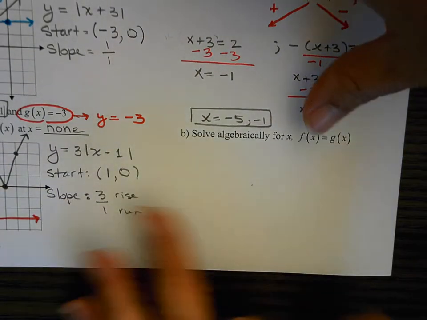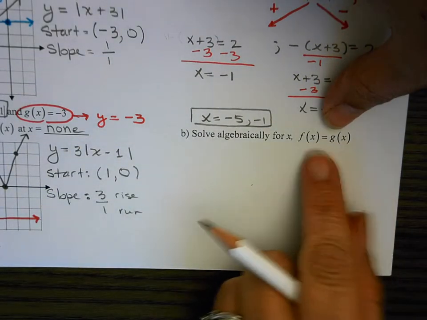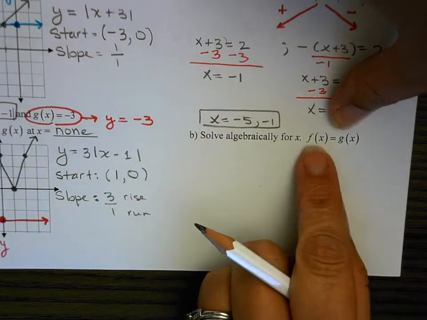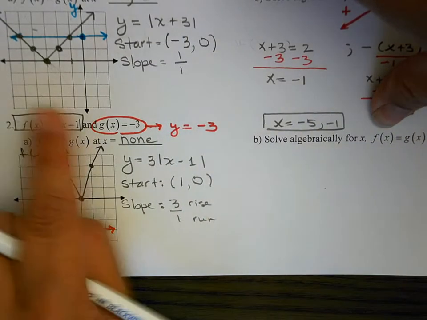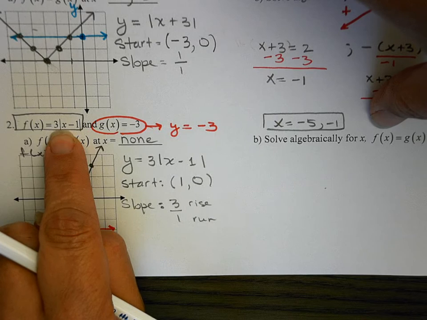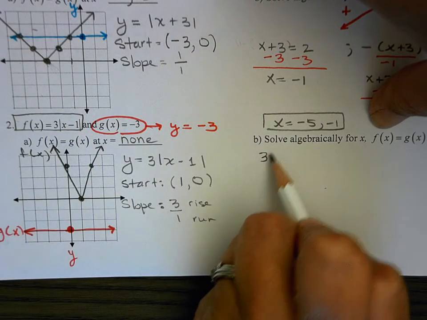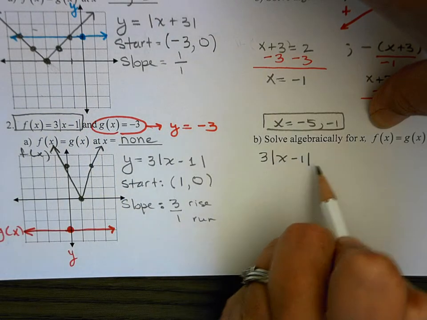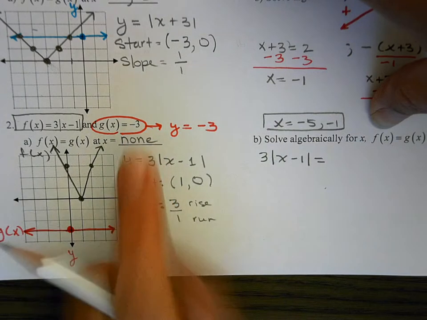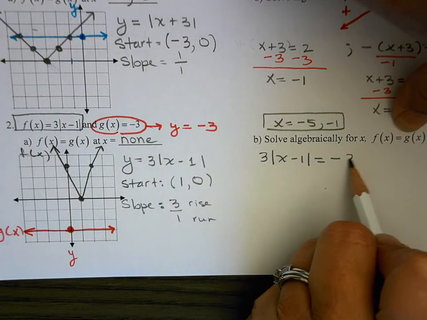So for part B, they're asking for where does f equal g, but we have to solve it algebraically. So I know f of x, so if I look over here, this is the equation for f of x. And then the equation for g of x, so equal to g of x.